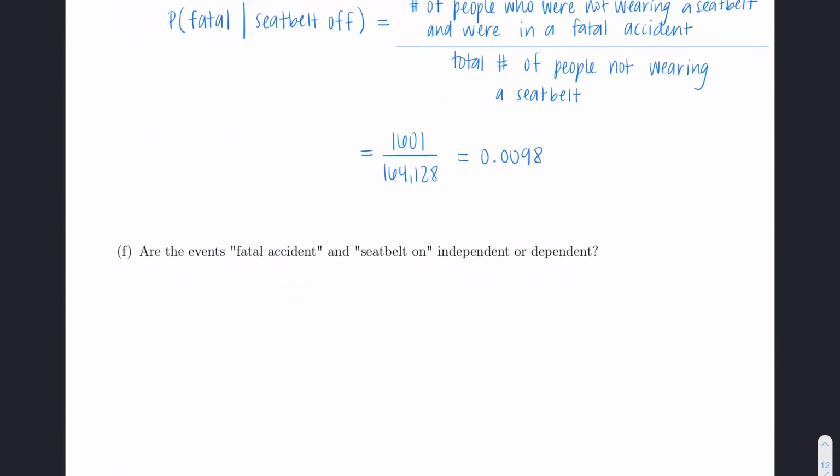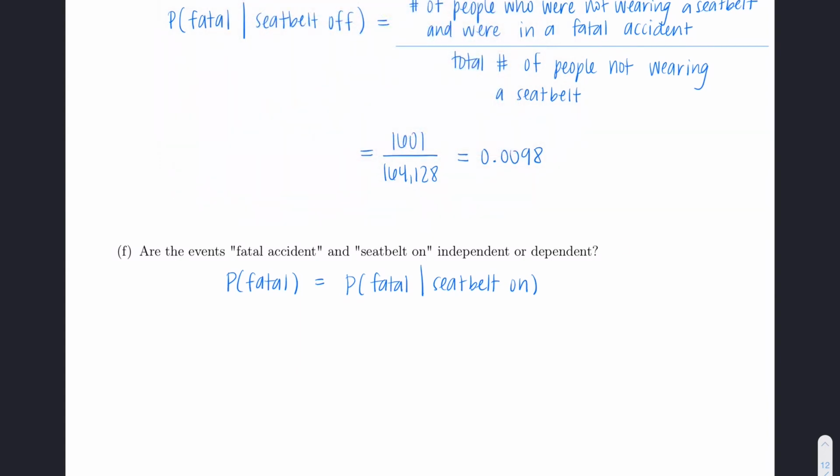Okay, so part F then is asking us if the events fatal accident and seatbelt on are independent or dependent. And so to figure this out, I can figure out if the probability of being in a fatal accident is equal to the probability of being in a fatal accident given that they were wearing their seatbelt, right? So this is the rule.